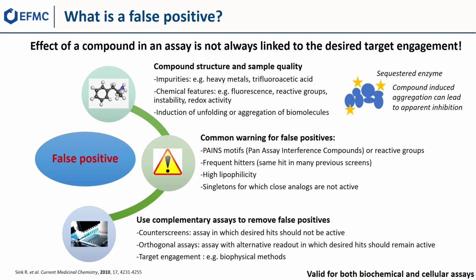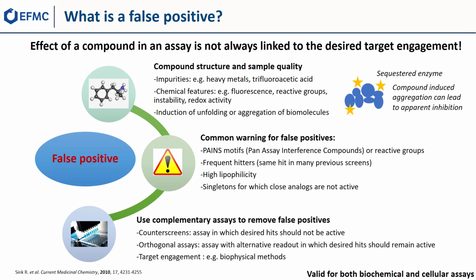Compounds with high lipophilicity have a tendency to be false positives. And singletons, for which no close analog is active, are usually also a sign that this can be a false positive. Not necessarily, but of course it should be a flag.